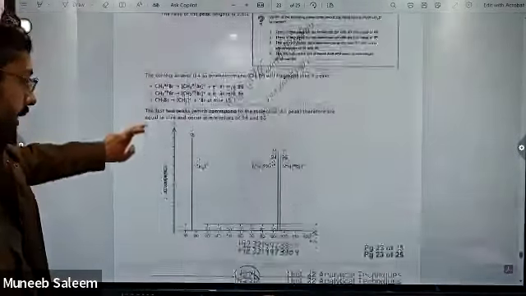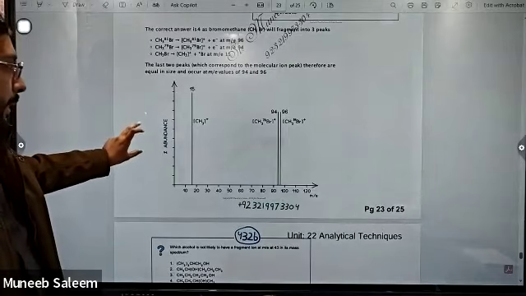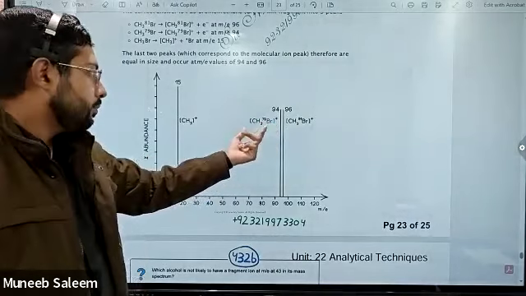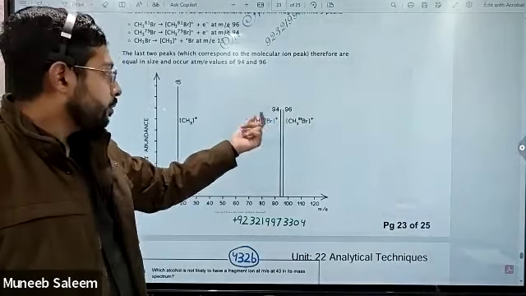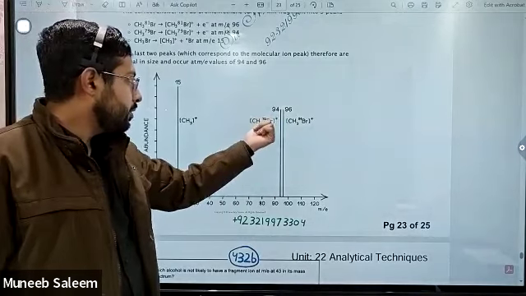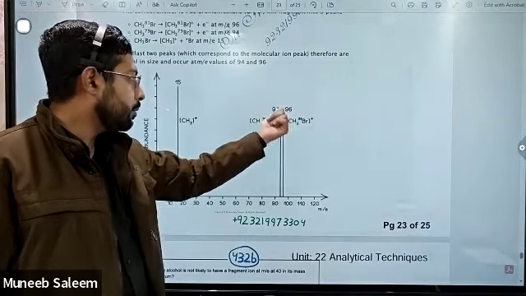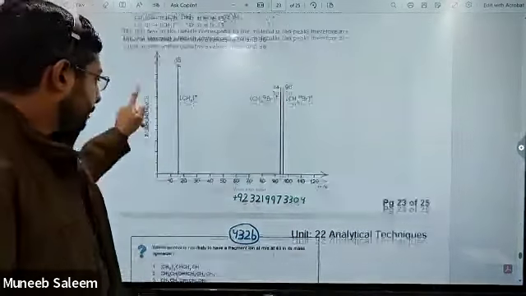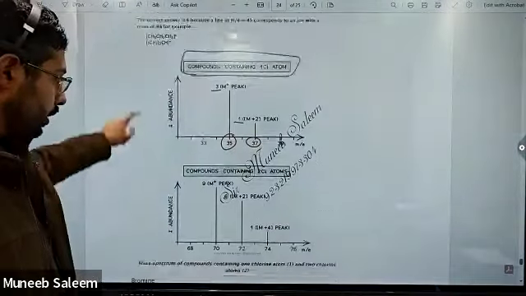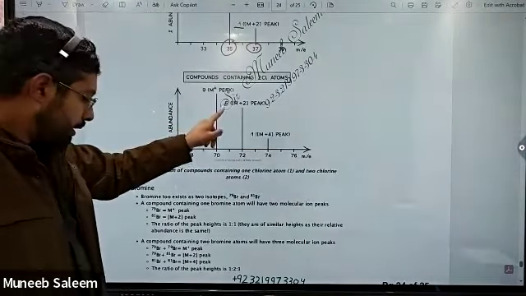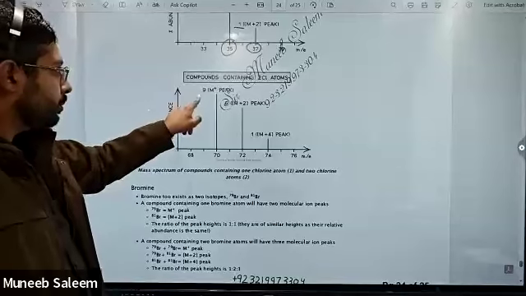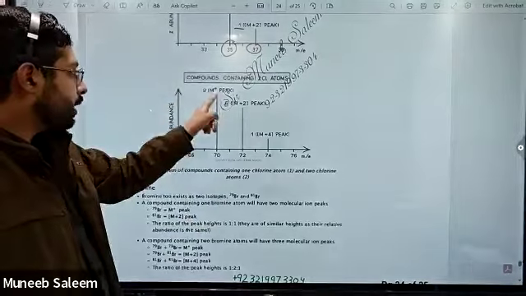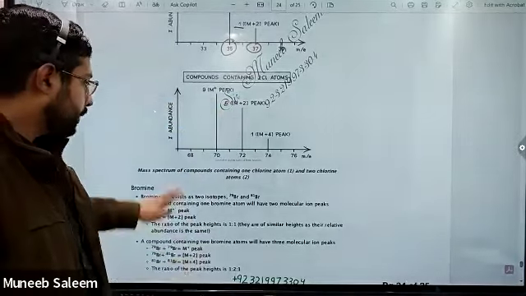Now the summary is mentioned over here. When a molecule contains two chlorine atoms, the ratio will be 9:6:1. This is the molecular ion peak, this is the M+2 peak, and this is the M+4 peak.